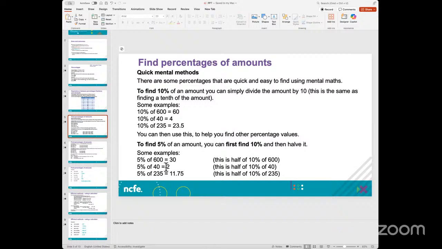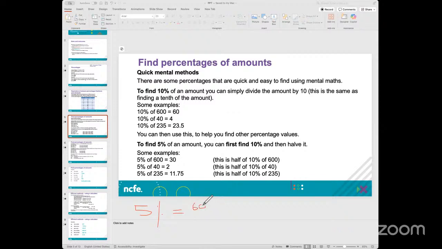So, for example, a working that you could do as practice would be to find, say, 5% of an amount. So, what is 5% of 600? If I had to do this, I would primarily use a pen and paper. So if I had to find 5% of the number 600, how am I going to do that?